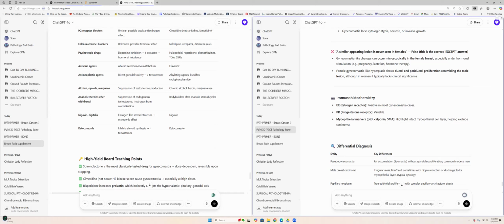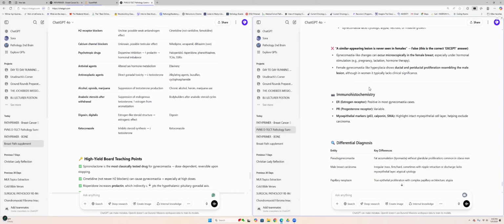Some people call it gynecomastoid hyperplasia. It's still the same. It shows ductal and periductal proliferation, resembling the male lesion, although in women it typically lacks clinical significance. PR positive gynecomastia, myoepithelial markers showing intact myoepithelial cells, excluding carcinoma.